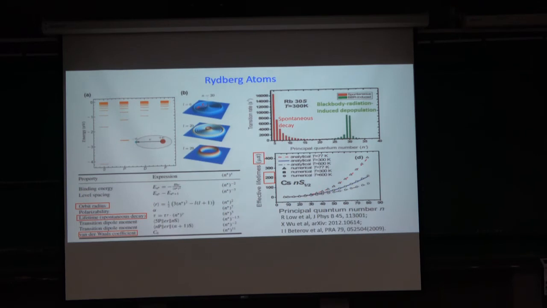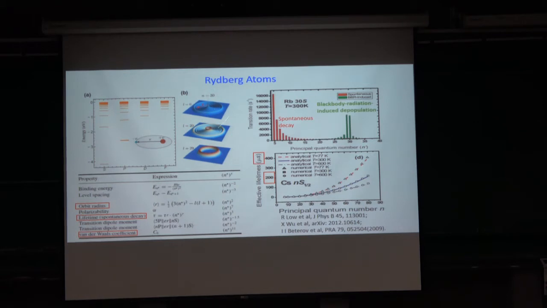Okay, now let's get back to the topic I'm going to talk about. Neutral atoms, actually Rydberg atoms. Rydberg atoms are atoms excited to a highly excited electronic state. It's a high principal quantum number, n equal to maybe more than 10. Mostly people use like 70, 80.